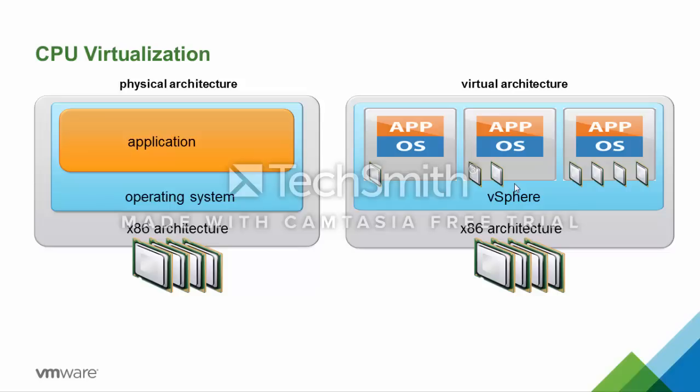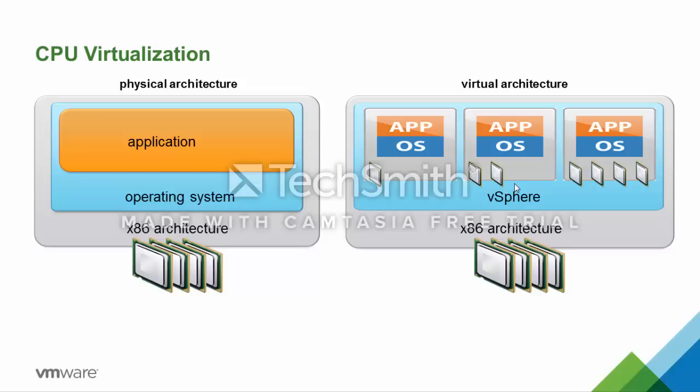So when we build these virtual machines, we can build a VM that has one CPU. We can build another VM that has two CPUs, another VM that has four CPUs. And we might only have four CPUs available in the physical server, but again, our operating systems may not be using all this capacity at the same time, and this is how we start to achieve consolidation, certainly from a CPU standpoint.